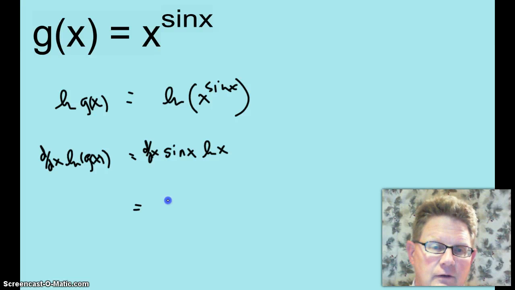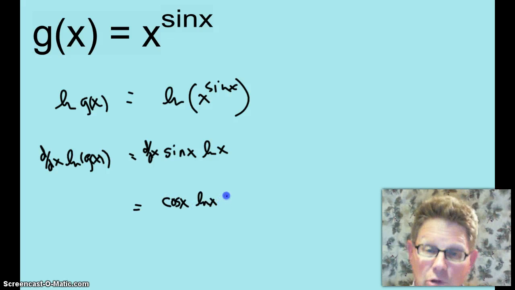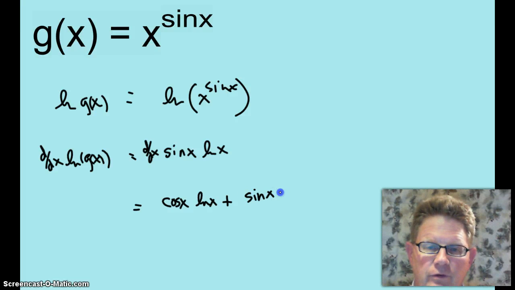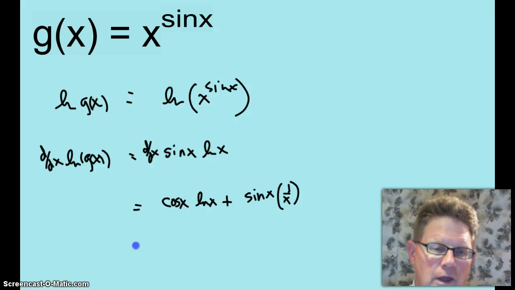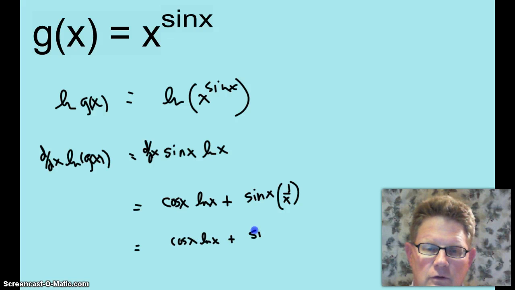So you've got the derivative of the first one times the second one plus the first one times the derivative of the second one, so that we can clean that up a little bit. Cosine of x ln of x plus sine of x over x. There's the derivative of the natural logarithm.